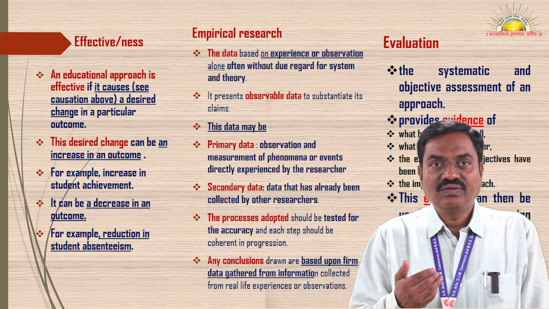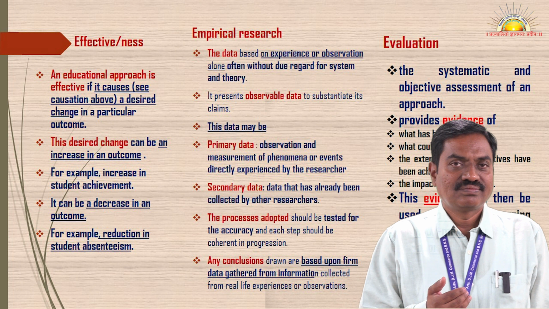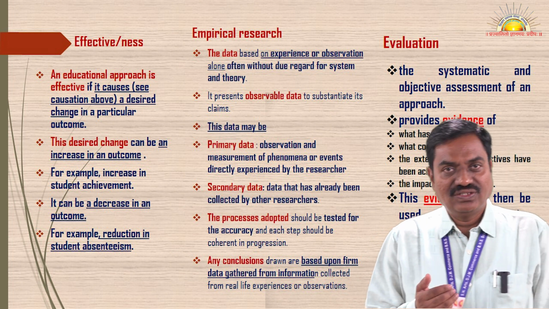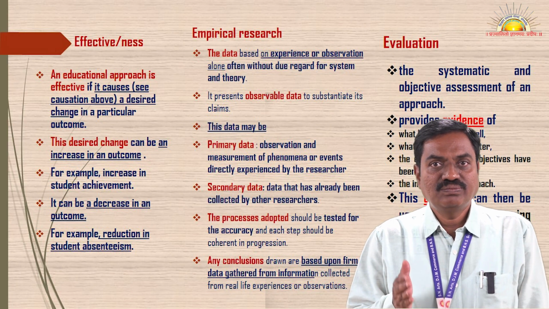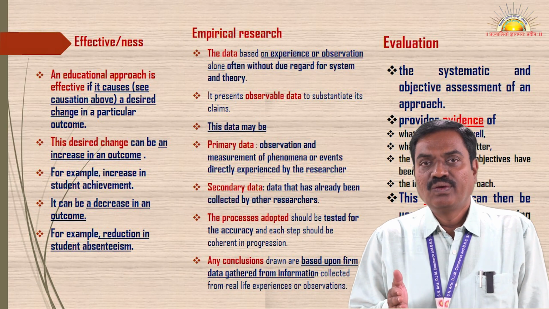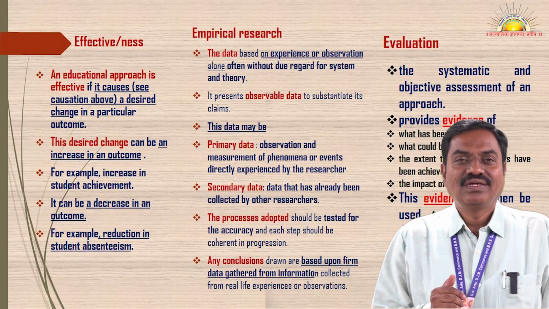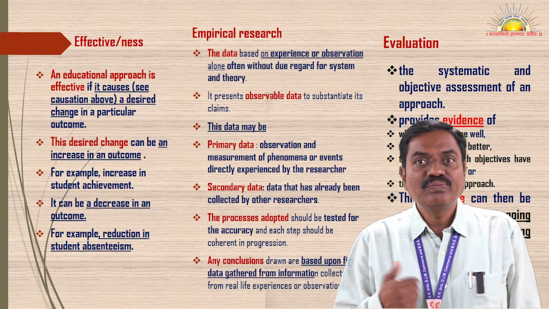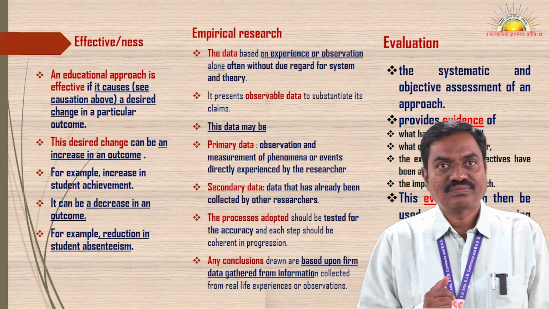Now we shall go ahead with empirical research, that is the next term of our discussion. Empirical research draws together the data based on experience or observation alone, often without due regard for system and theory. It presents observable data to substantiate its claims.